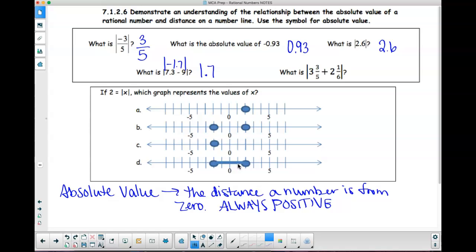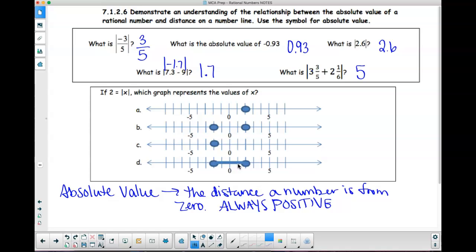And what is the absolute value of 3 3/5 plus 2 1/6? We have to add them together first. How do we add fractions? Do you remember? Caleb? Add the whole numbers. Okay, add the whole numbers first. 3 plus 2 is 5.